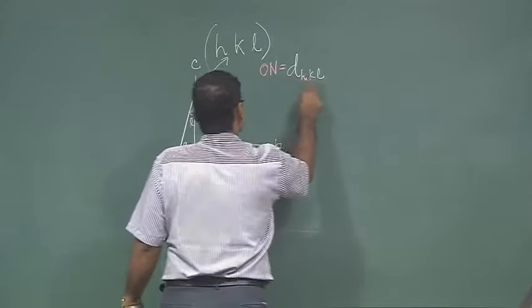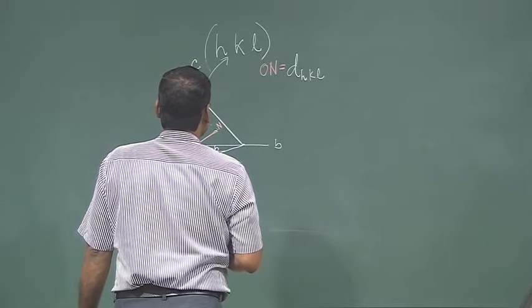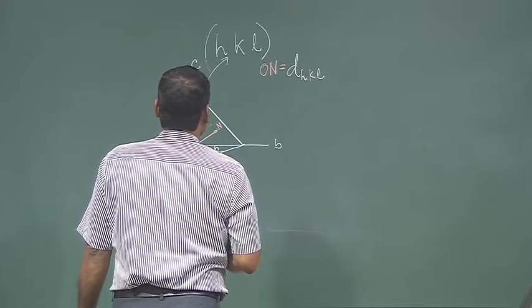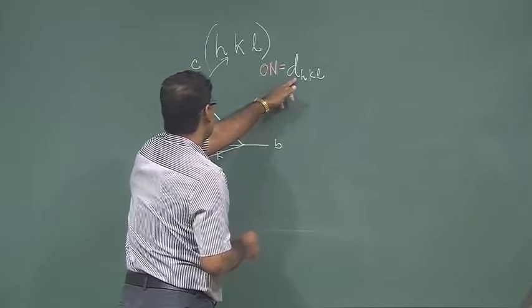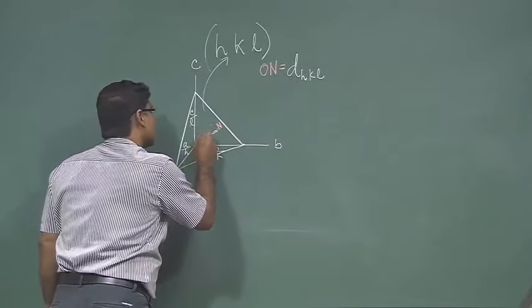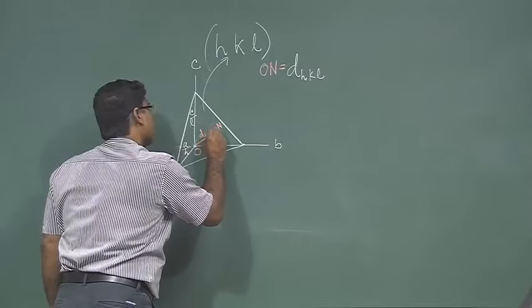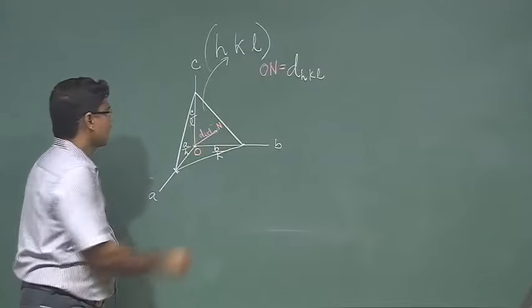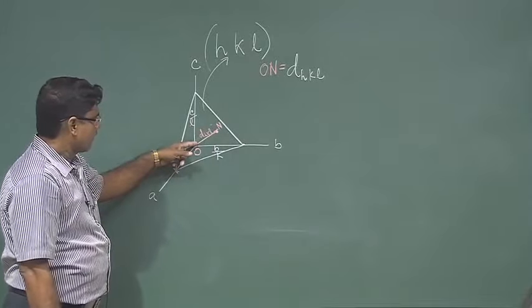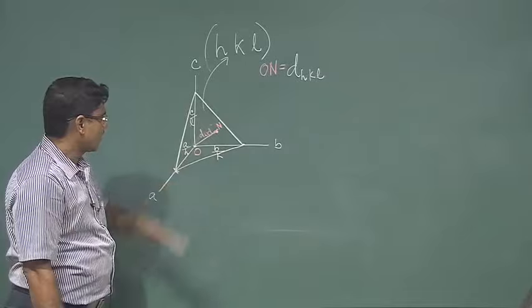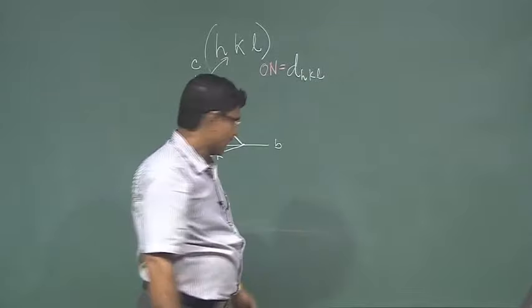So that is DHKL, and we want to find out the DHKL value. So you have plane and ON is the normal on these planes, right.